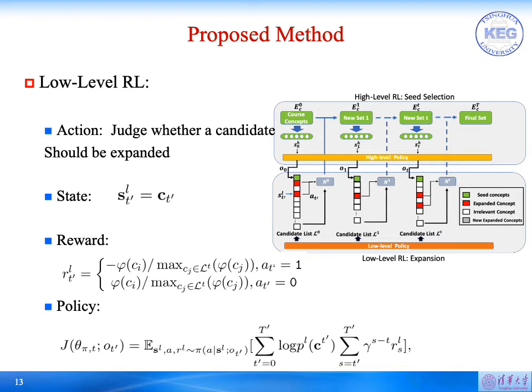That is, if the selected one is deleted by most of the students, this reward will be turned negative. But oppositely, it will be positive, giving the model a good reward for finding more helpful concepts for students. And the policy is also optimized like this.